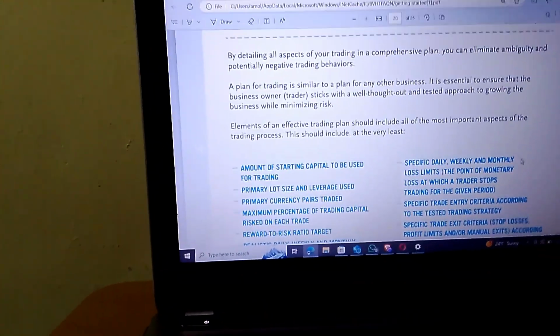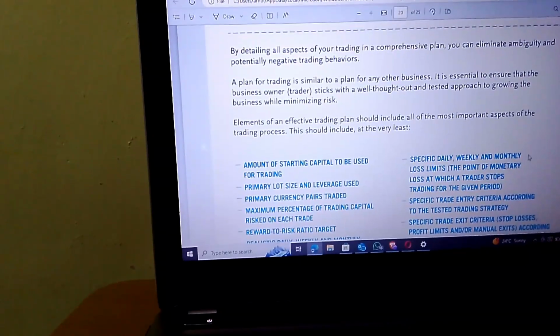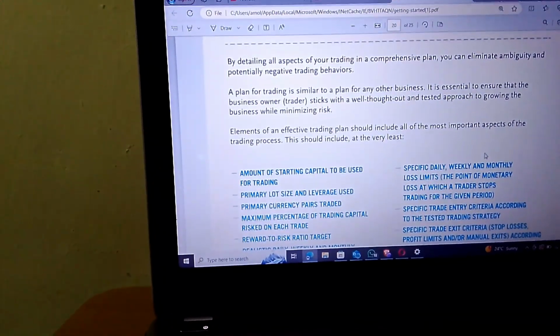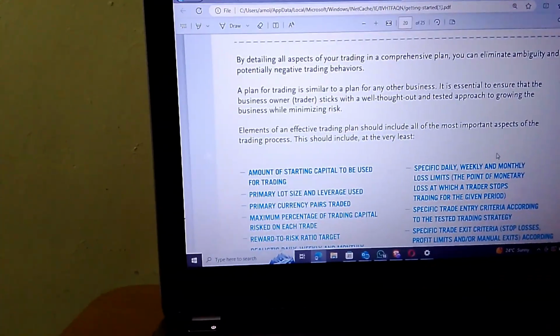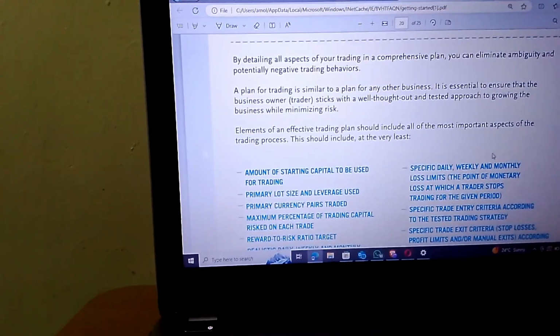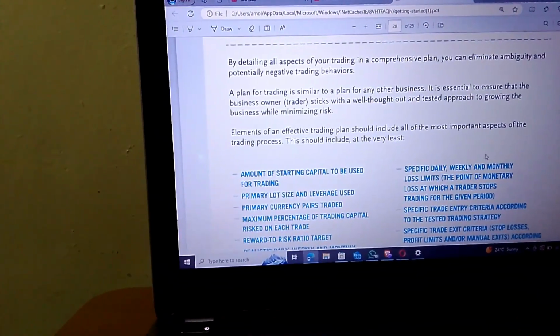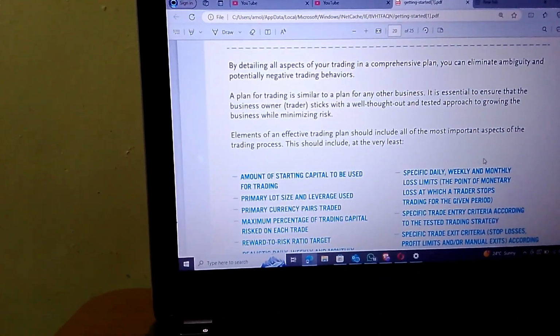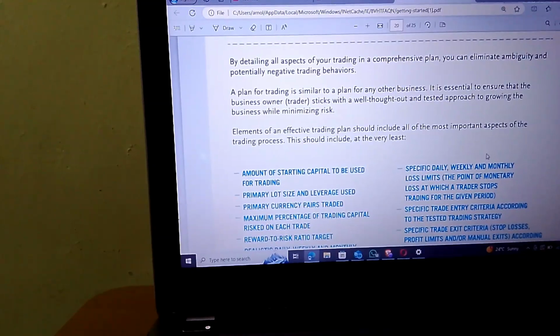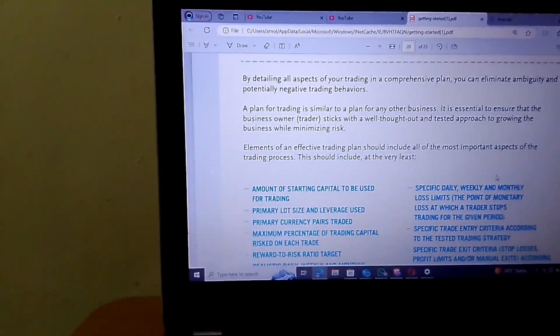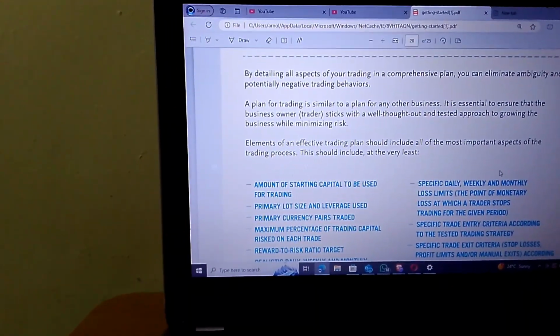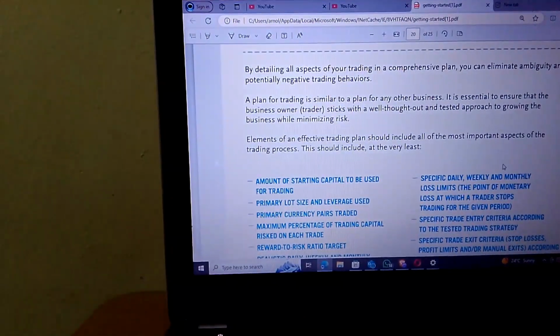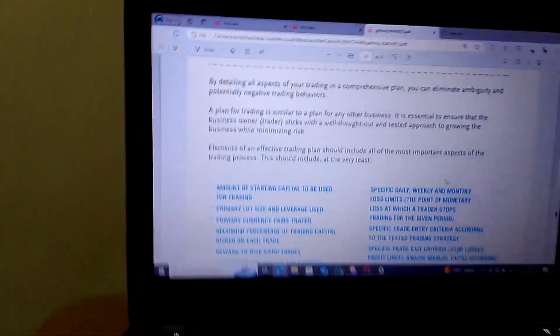A plan for trading is similar to a plan for any other business. It's essential to ensure that the business owner or trader sticks with a well thought out and tested approach to growing the business while minimizing risk. So we need to get our trading plan, and it should be a well thought out and tested approach. We don't need to be trying out new things.